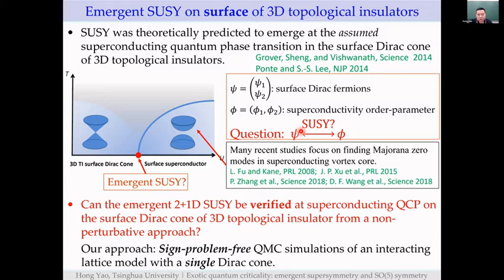In order to simulate such a quantum critical point, ideally we would like to simulate a three-dimensional system. However, quantum Monte Carlo study of a three-dimensional system is quite challenging. So we would like to use quantum Monte Carlo to simulate a similar quantum critical point, but in a two-dimensional system with a single Dirac cone.